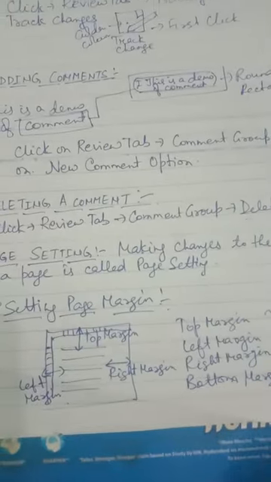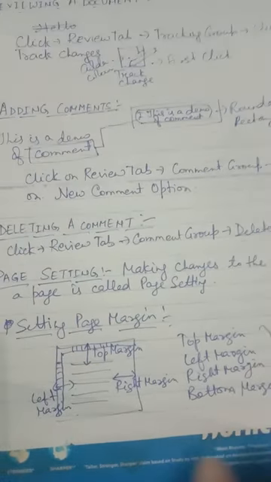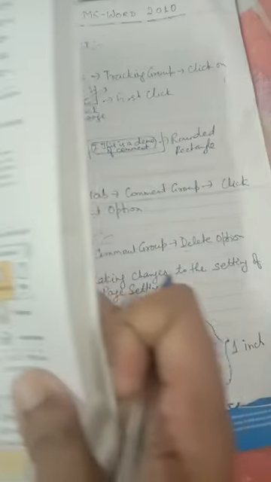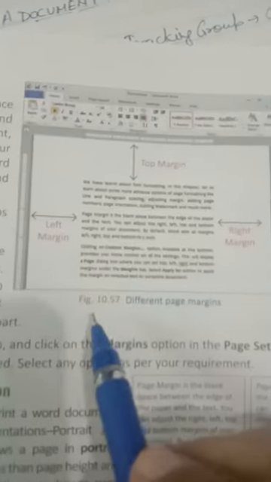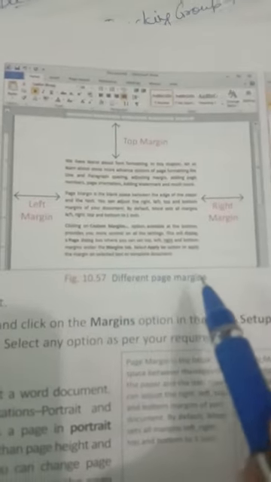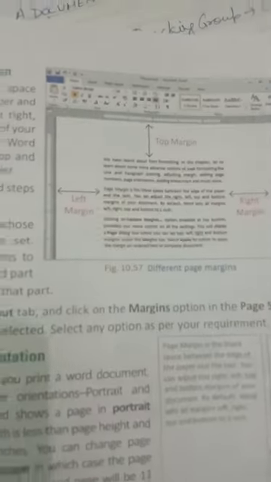So now how can we change the margin? Let me show you from the book. This is figure 10.57, which is a window. Here the content has been written, and this is the top margin, this is the right margin, and this is the left margin.